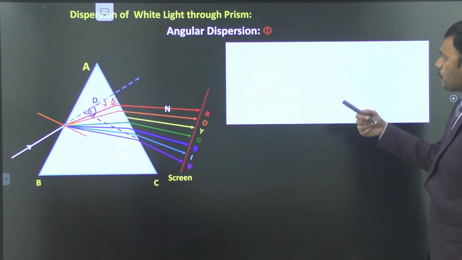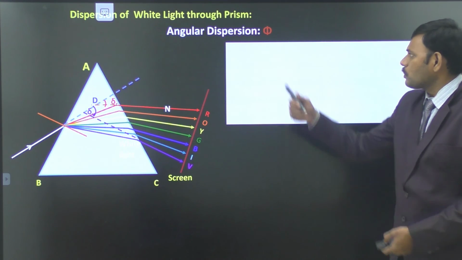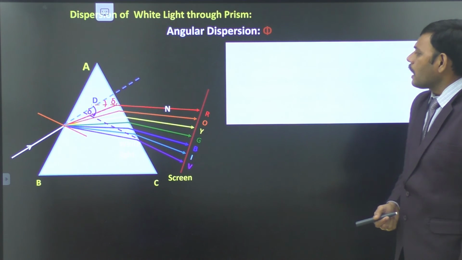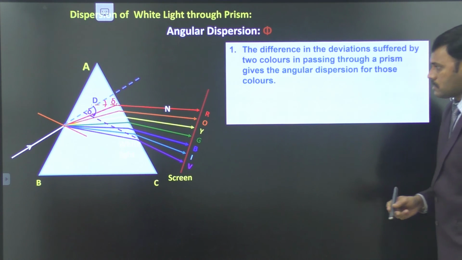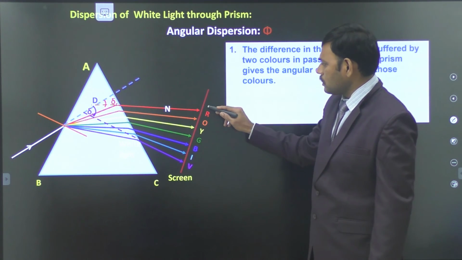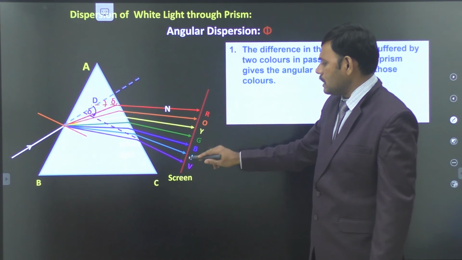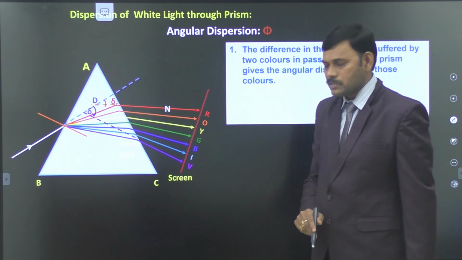So here, angular dispersion. Now I would like to define a few important definitions regarding this one, angular dispersion. Angular dispersion is the difference in the deviation suffered by 2 colors. Consider red and violet. These are the top and least wavelength colors, so least deviated and most deviated colors.